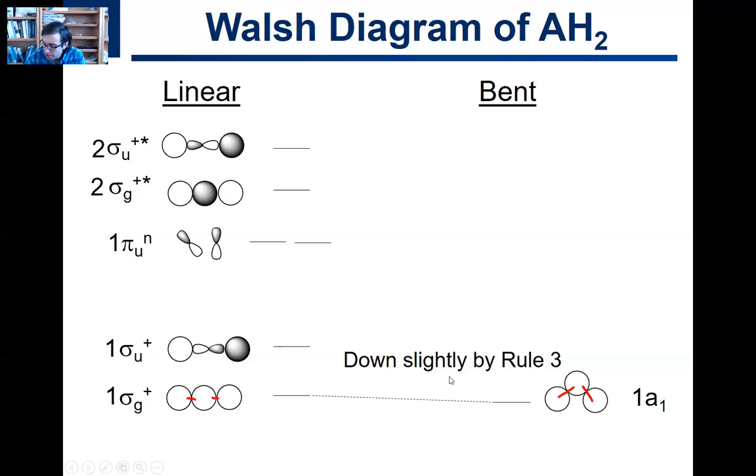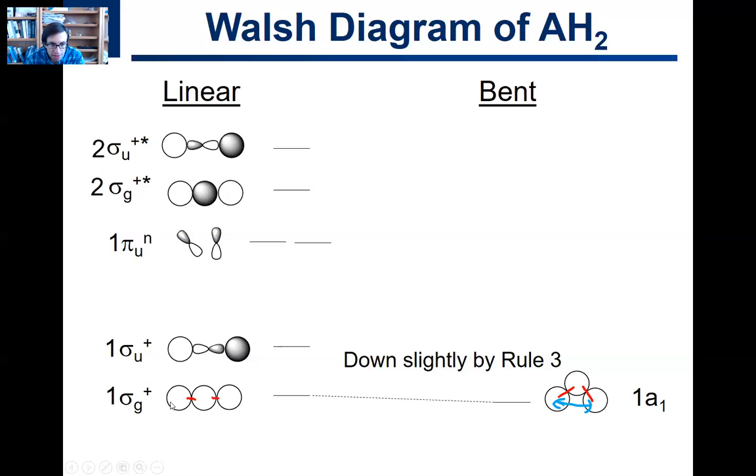What you have changed is L to L bonding, right? Ligand to ligand bonding. And you can see that right here, where now you have a little bit more overlap between the 2 ligands, actually. Those atoms are pretty far away, so that's why rule 3 is always a very weak effect. It's the weakest of the effects. But this, now it's 1a1, is going to be lower in energy than when it was linear as a σg+.